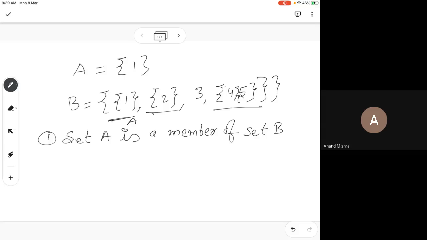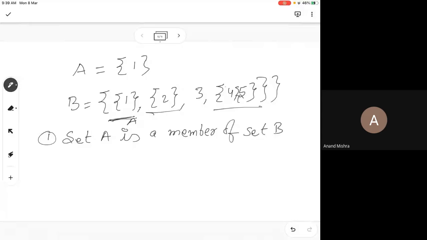So set A is definitely a member of set B. But if I just write 1, that means set A is not the element, there is a difference, right? So this is set A. What is your doubt? Maybe I'm not understanding perhaps, but it looks very clear.